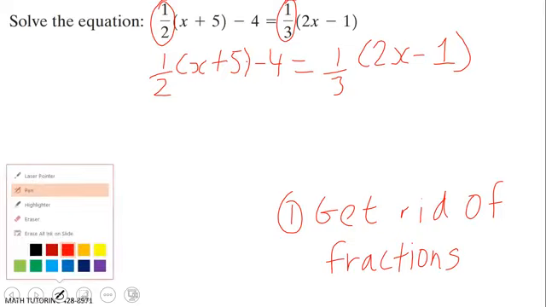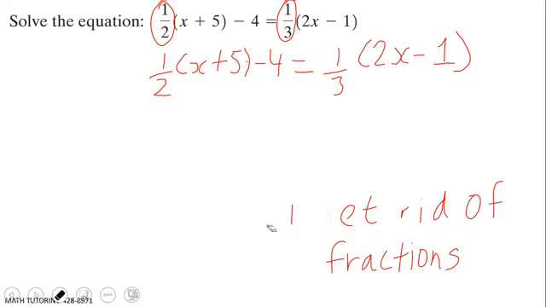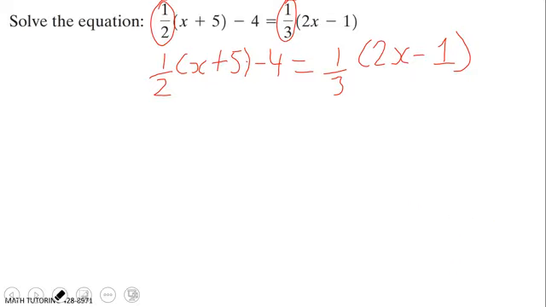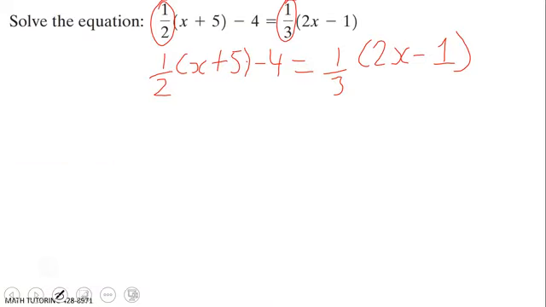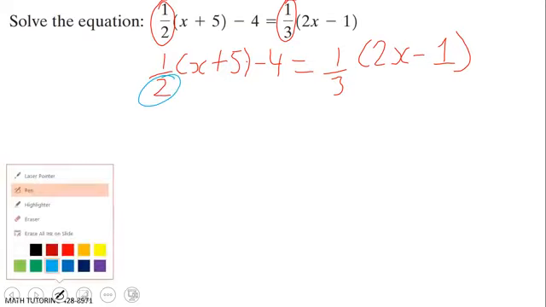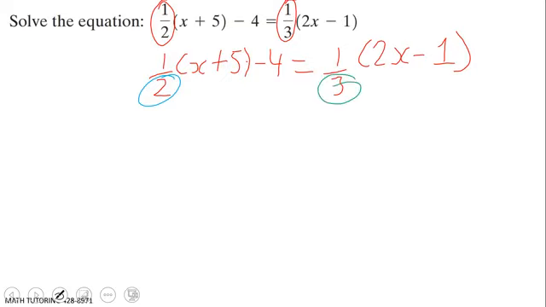So how are we going to eliminate these fractions? So notice the denominators of the fractions. The denominator of this fraction, a half, is 2. We know that. The denominator of this fraction, a third, is 3, right?